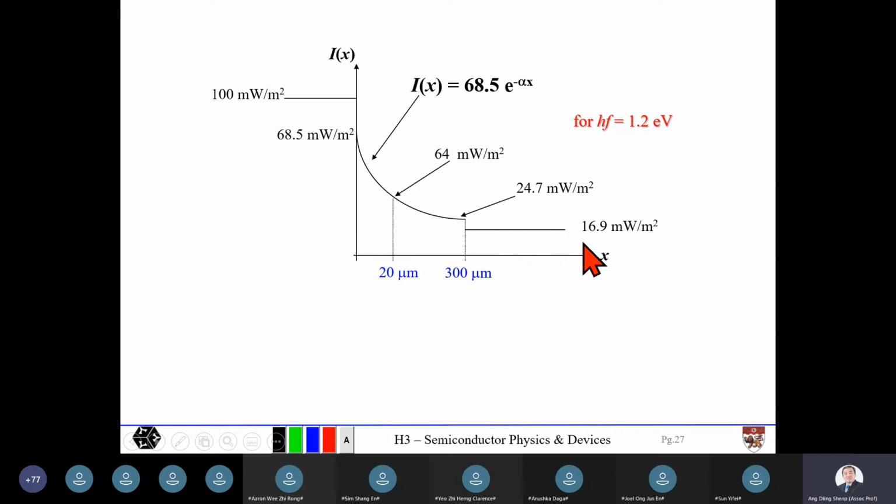So this is the amount of light transmitted back to air. For the other photon energy, 2 eV, the curve would have decayed to almost 0 at x equals 20 micrometer. All the light is absorbed within the first 20 micrometer layer.